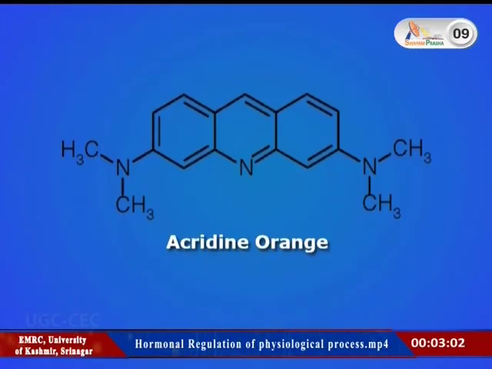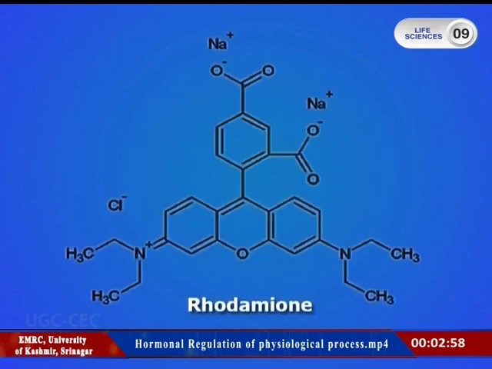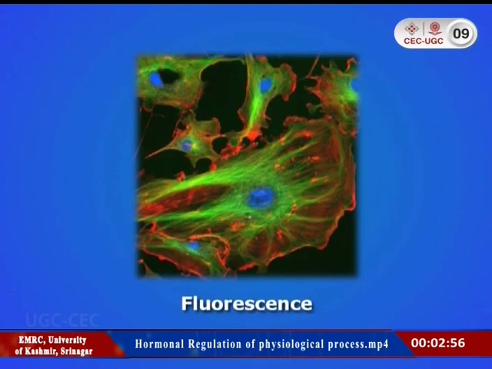Commonly used fluorochromes are acridine orange, rhodamine, etc. However, these fluorochromes are used for general fluorescence. When fluorescein FITC is excited by blue light, that is wavelength 488 nanometer, it will emit a green color, that is at wavelength 520 nanometer.